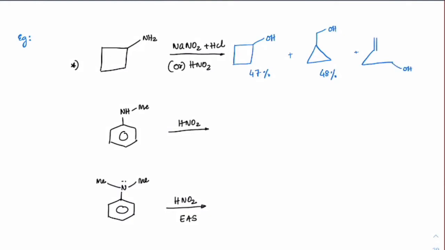Got it? See, normally this carbocation is very stable, like if you check out, this carbocation is very stable, right? But in this case, although this carbocation is not stable, the percentage amount is more here.